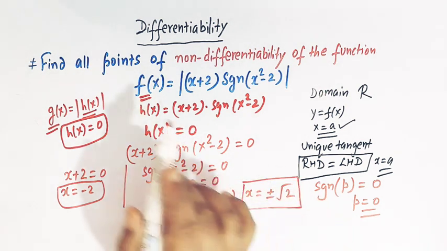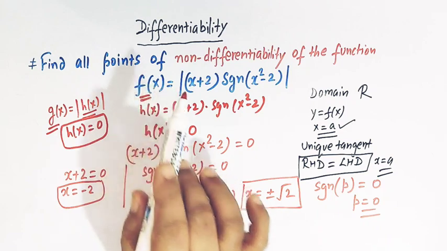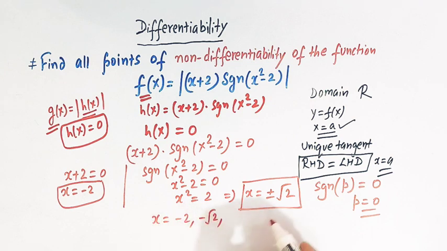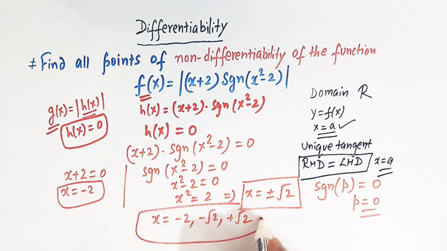So this function f of x is not differentiable at the points minus 2, then minus square root of 2 and plus square root of 2, right? So this given function f of x is not differentiable at these 3 points which are x equal to minus 2, minus square root of 2 and plus square root of 2.